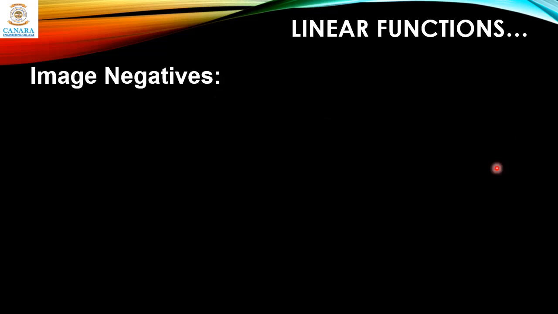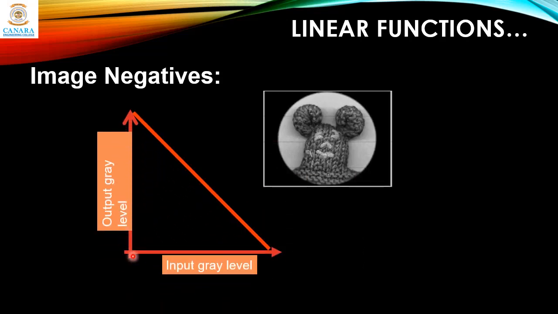The next type of linear function is the image negative or negative function. It's opposite to the identity function. The identity function started at the origin and went this way. So the image negative is opposite to that. Here you can see the x-axis is input, the y-axis is output.